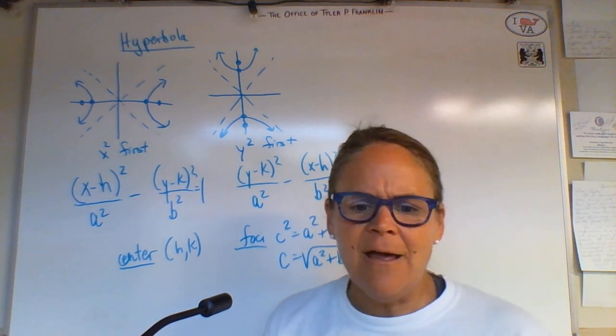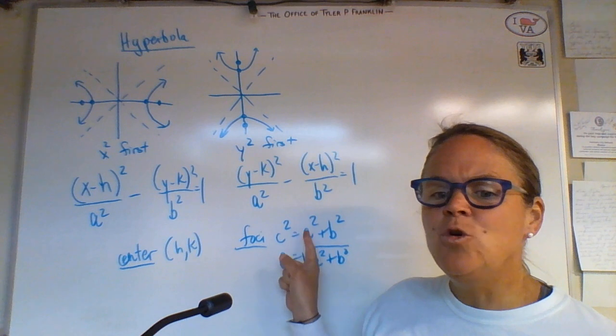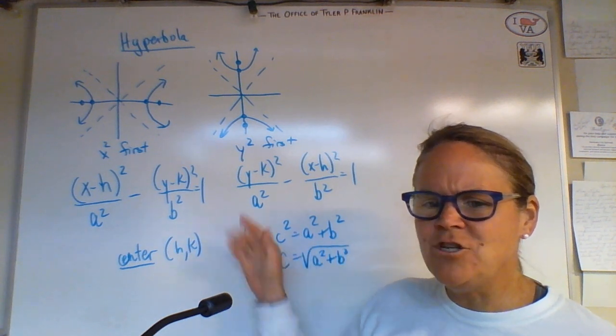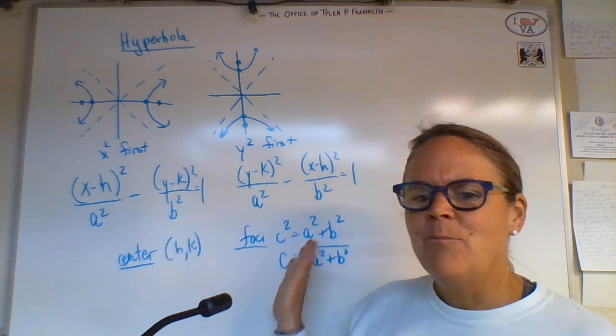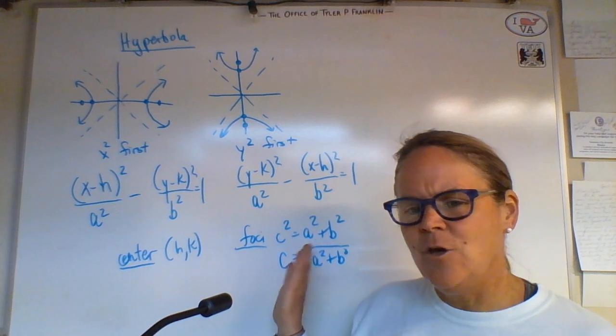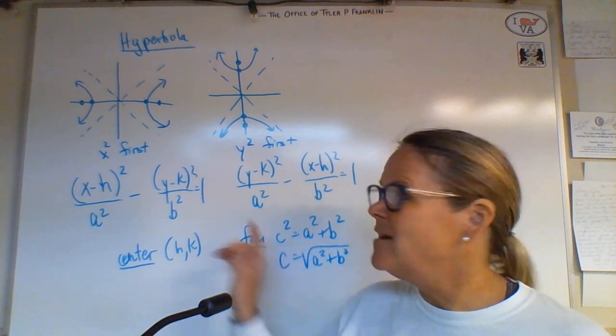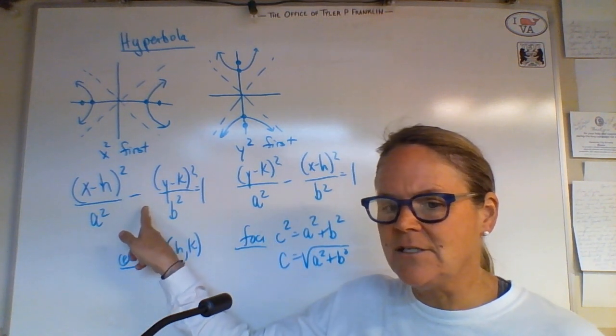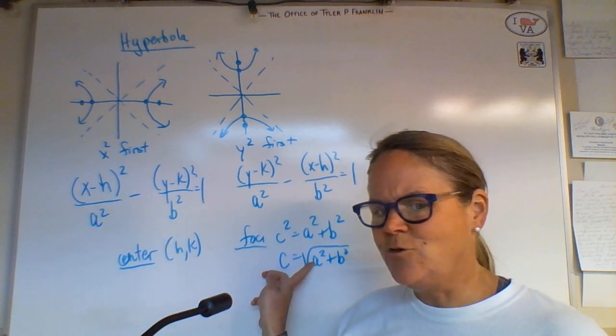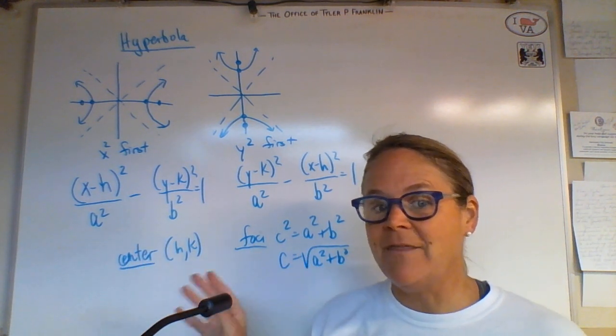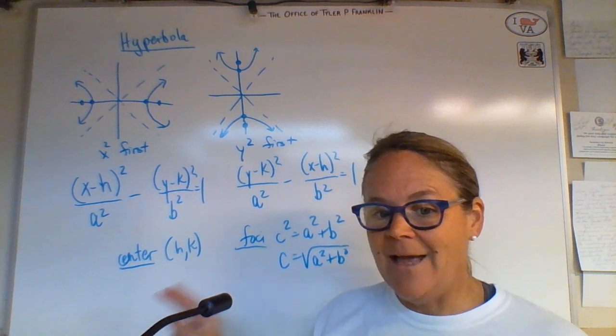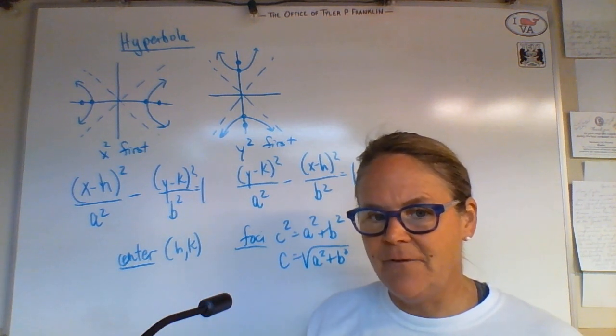The foci, you add. So the equation has subtraction, but with the foci, you add. With an ellipse, the equation had plus, and you subtracted for the foci. But with a hyperbola, a squared is always first.